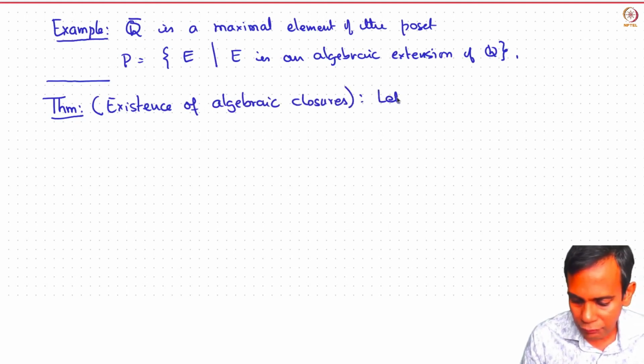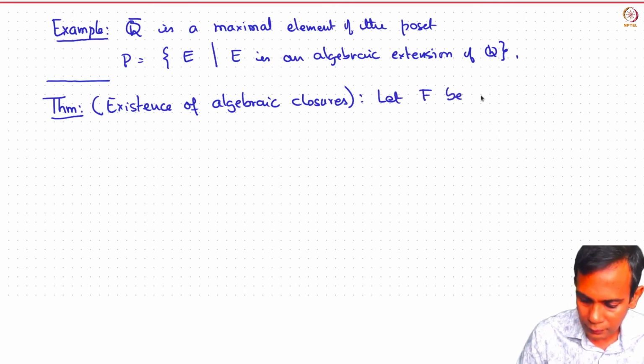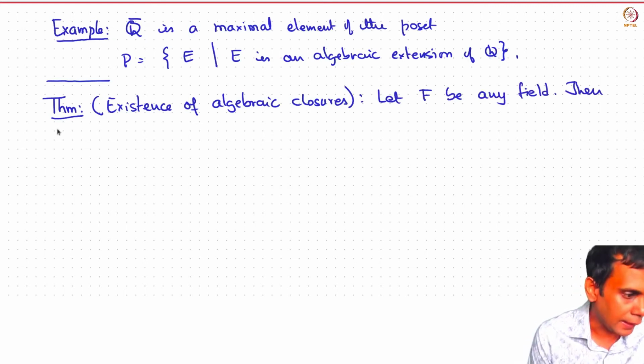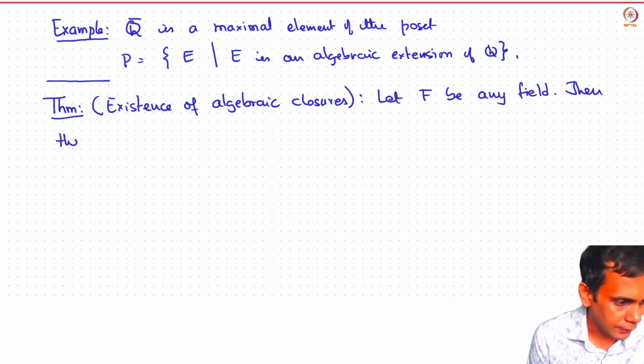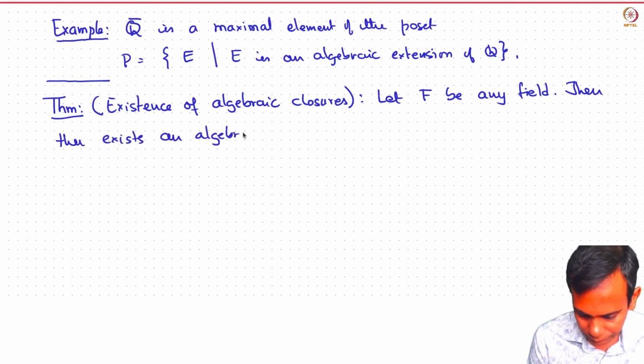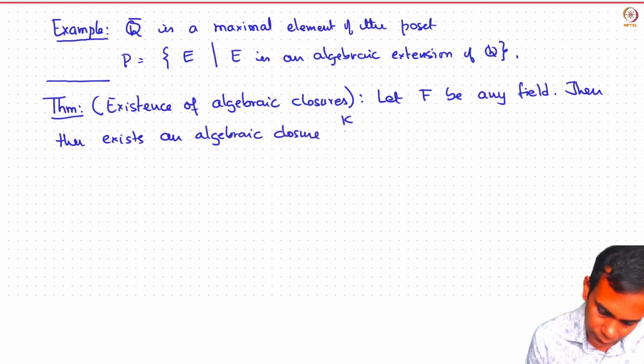Let F be any field, then F admits an algebraic closure. There exists an algebraic closure K of F.